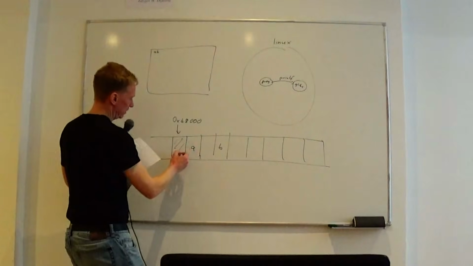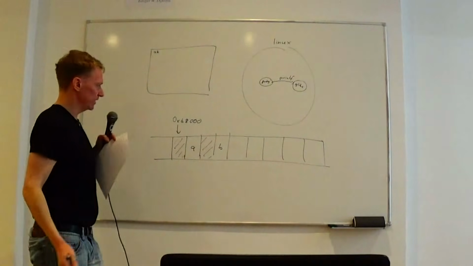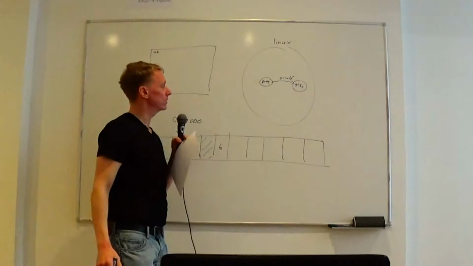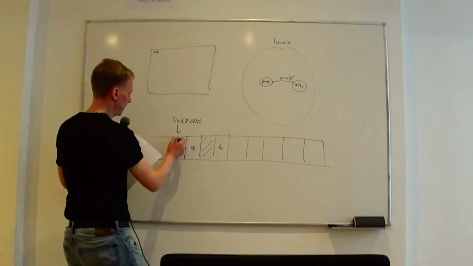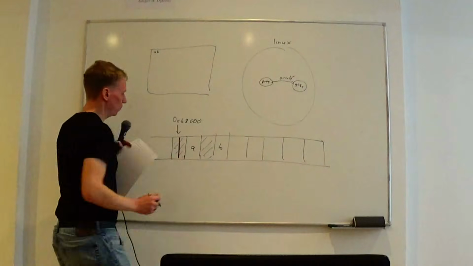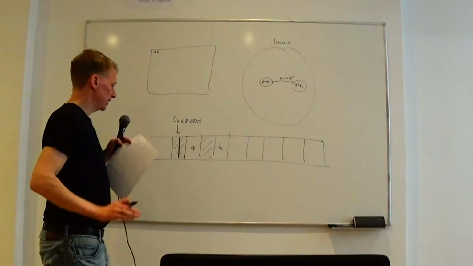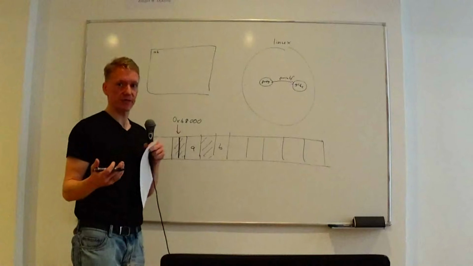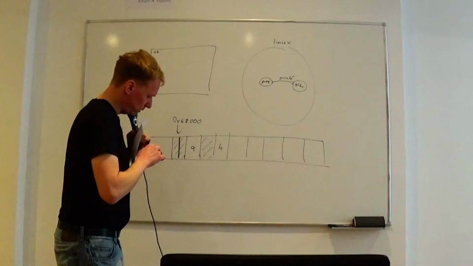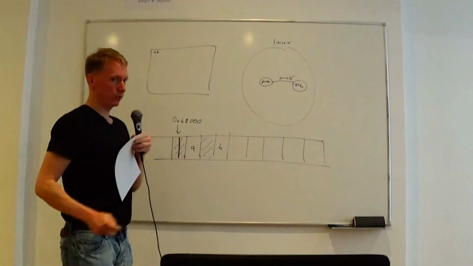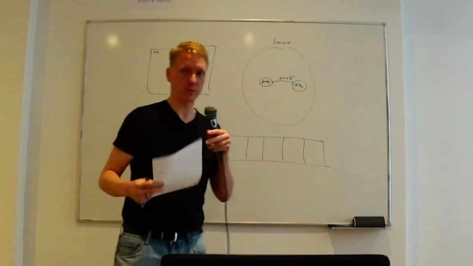The question is, what about these bytes in between? Well, they are for color information. This byte has 4 high bits and 4 low bits, and they are for the foreground and background color of the character. But we will not be using this at this point, so we will just use black and white text.